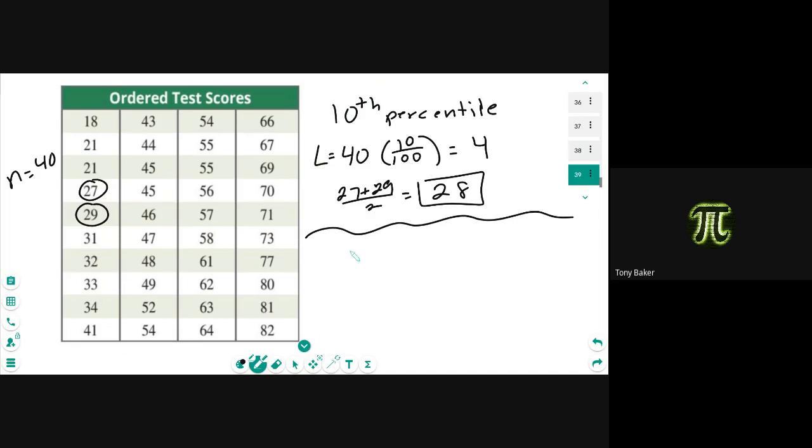All right. Your turn. Find me the 88th percentile.